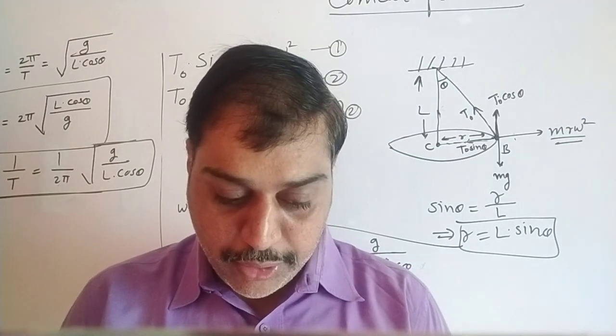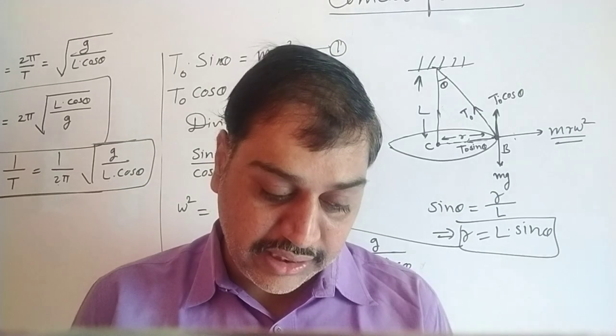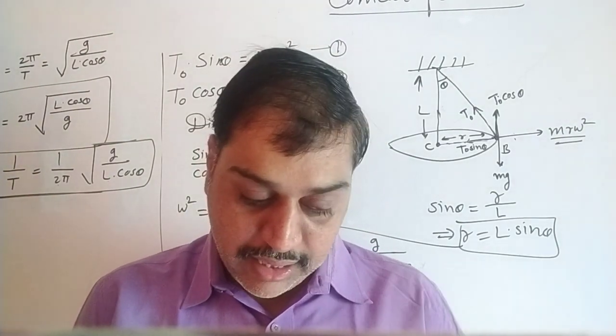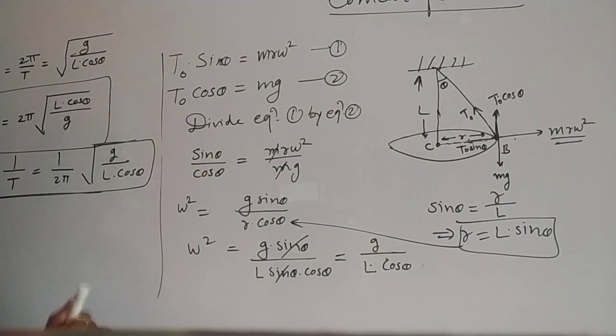Below that there is one topic, do you know? Under this topic, try to find out the value of tension in the string T0. Tension in the string T0 they have found out, and from the second equation they have found out tension in the string T0 if you want to find here.